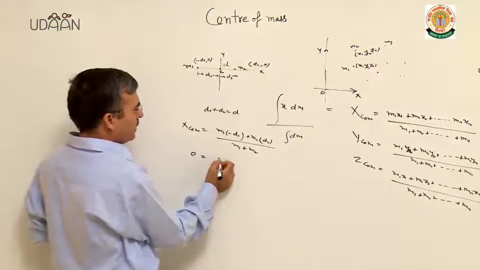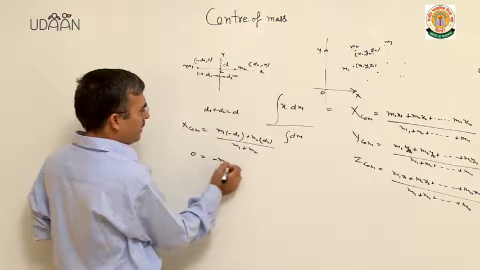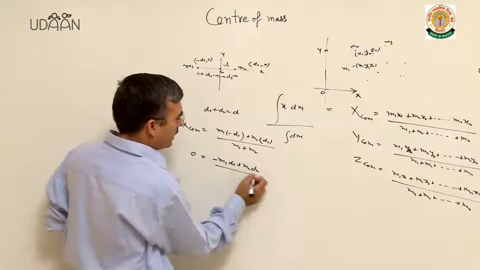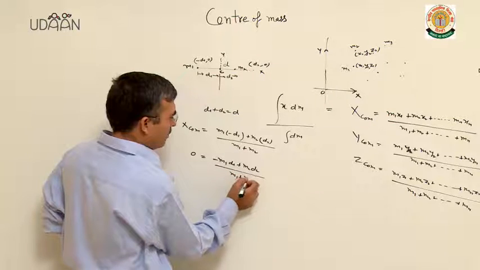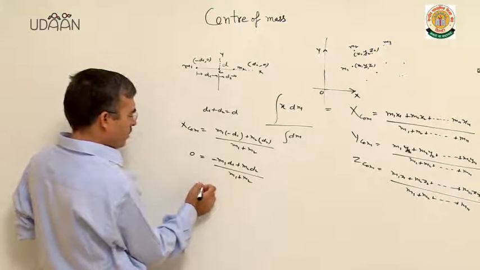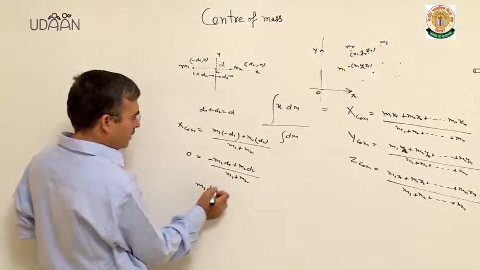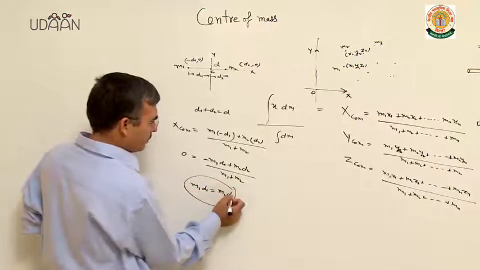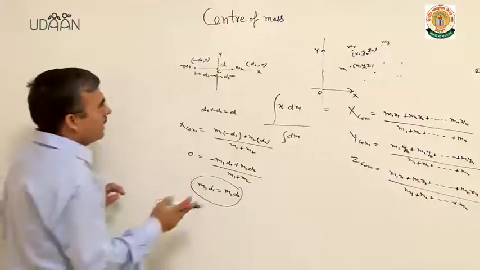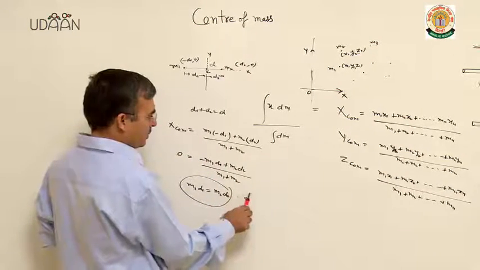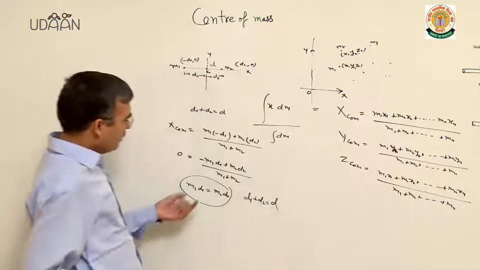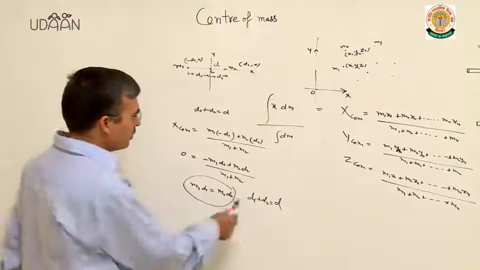So you can write minus m1 d1 plus m2 d2 equals 0, or m1 d1 equal to m2 d2. Clear? And d1 plus d2 is d. So you can calculate d1 and d2 easily from these two equations.